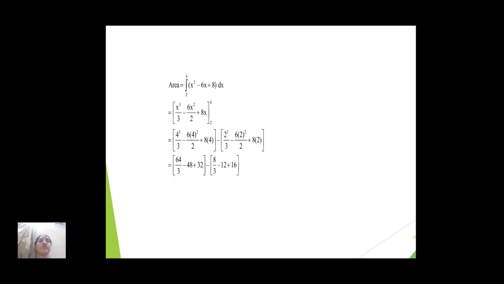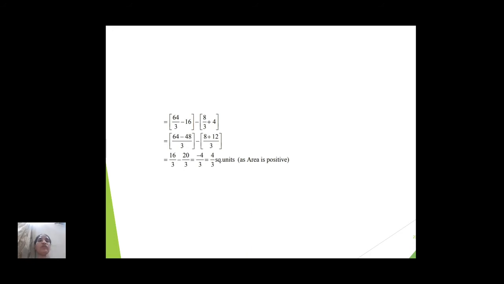Upper limit 4 cube means 64 by 3 minus 48 plus 8 into 4, 32, minus 8 by 3 minus 12 plus 16. Then we get 64 by 3 minus 16 minus of 8 by 3 plus 4.